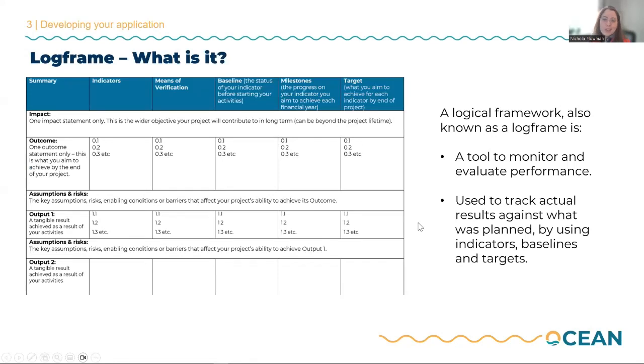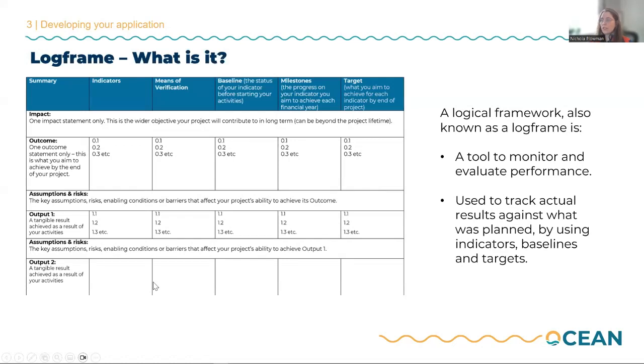Okay, on to LogFrame. I'm going to give a very quick overview of LogFrame right now before we dive into the details of developing a LogFrame. Just simply for those that haven't got the experience of using this kind of tool, a logical framework, which we also term a log frame, is a tool for monitoring and evaluating your performance.